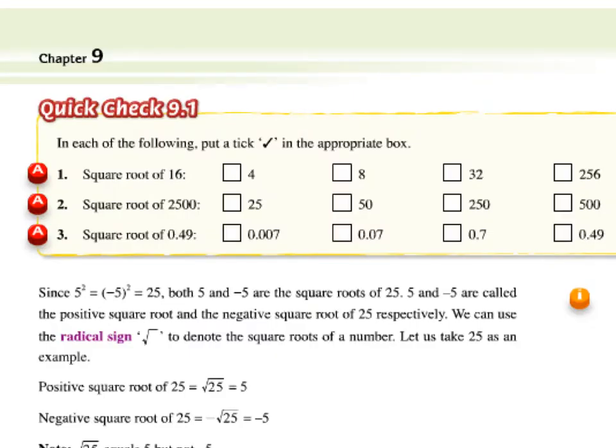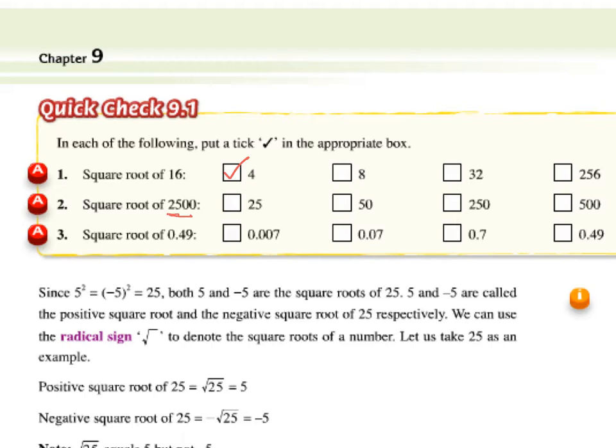So let's try quick check 9.1 together. What is the square root of 16? That means what number square equals 16? Very easy, right? The answer should be 4. And then what number square equals 2500?